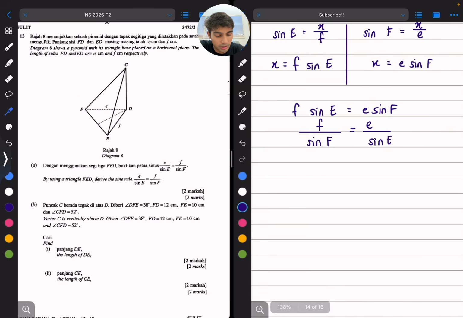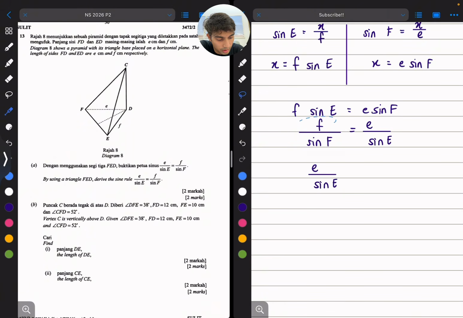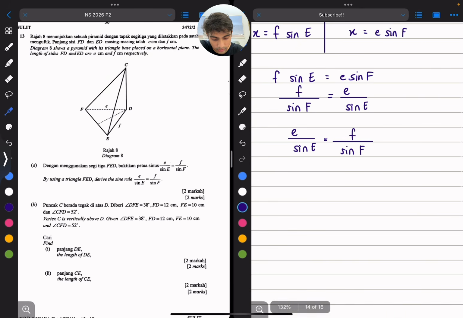So you can rearrange this in the exact form that they gave us. And then you can say shown. Oh, actually no need. Just leave it like this. Because they ask us to derive. Okay, done.